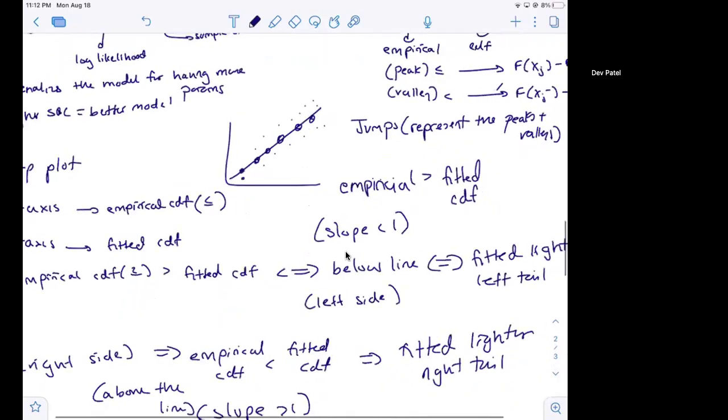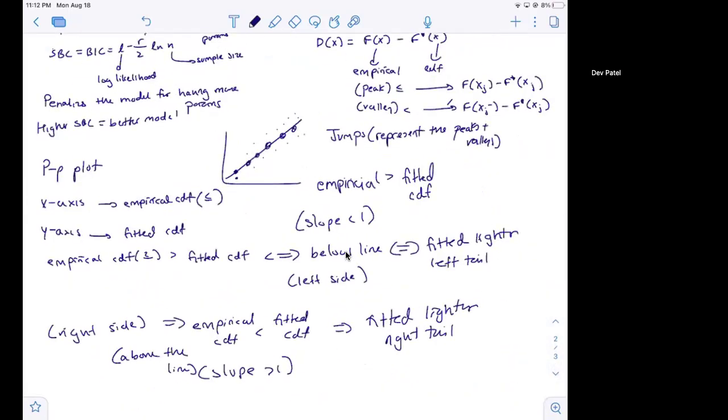And if our empirical is greater than the fitted CDF, that means we have a lighter left tail on the fitted side, because our fitted CDF is like this, it has a lighter tail, and our empirical CDF is slightly higher. So our fitted CDF has a lighter tail.